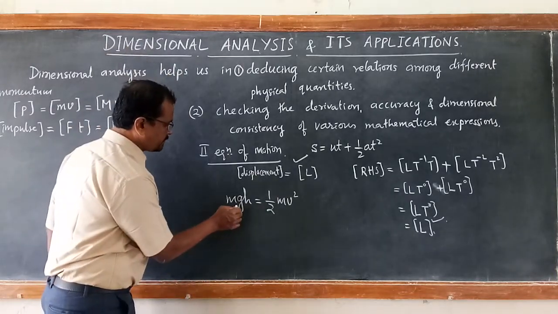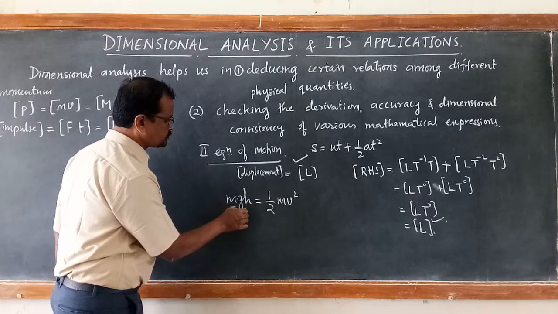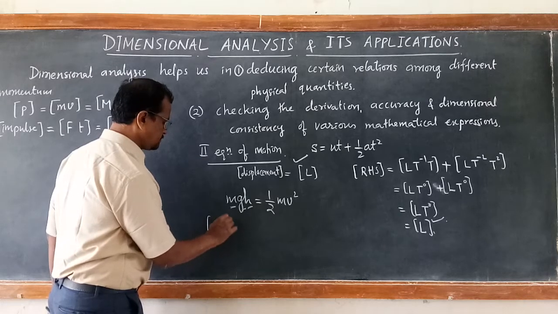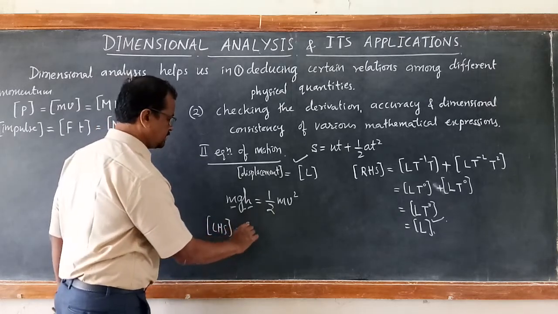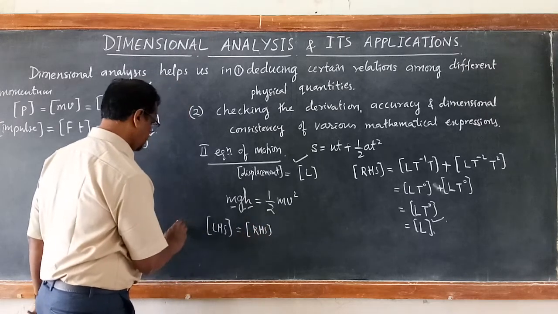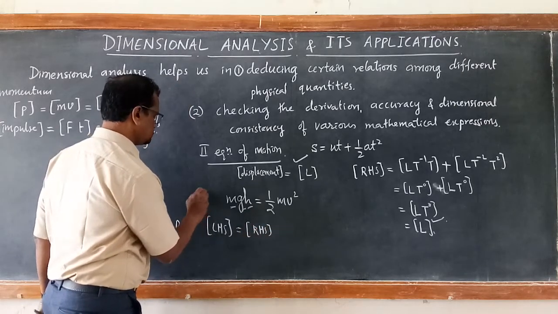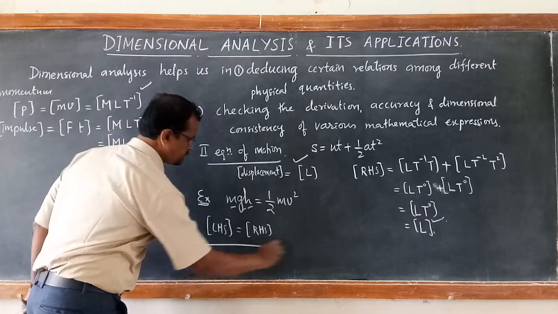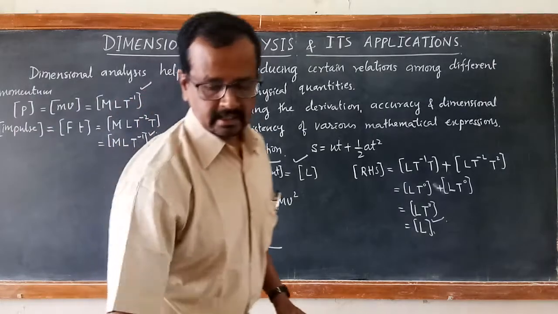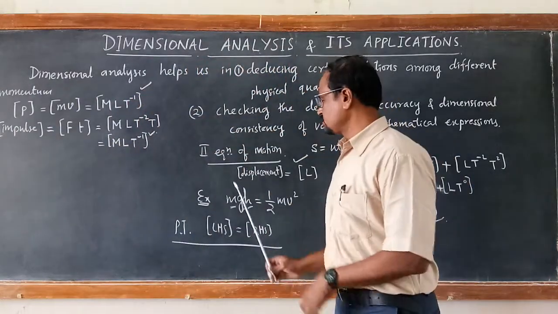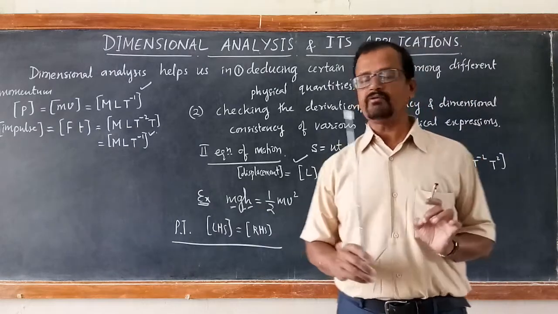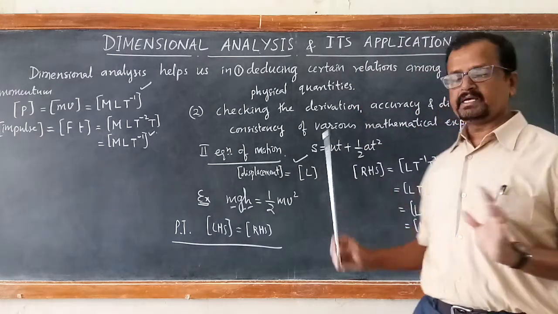Write the dimension of mass, the dimension of acceleration due to gravity, the dimension of height as the dimension of LHS. And you have to prove that the dimension of LHS is equal to the dimension of RHS. When you prove that, then the equation of conservation of energy is correct.